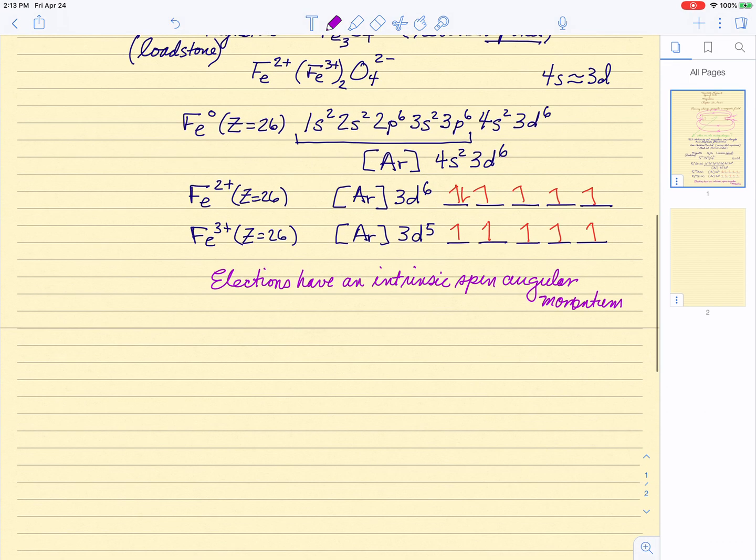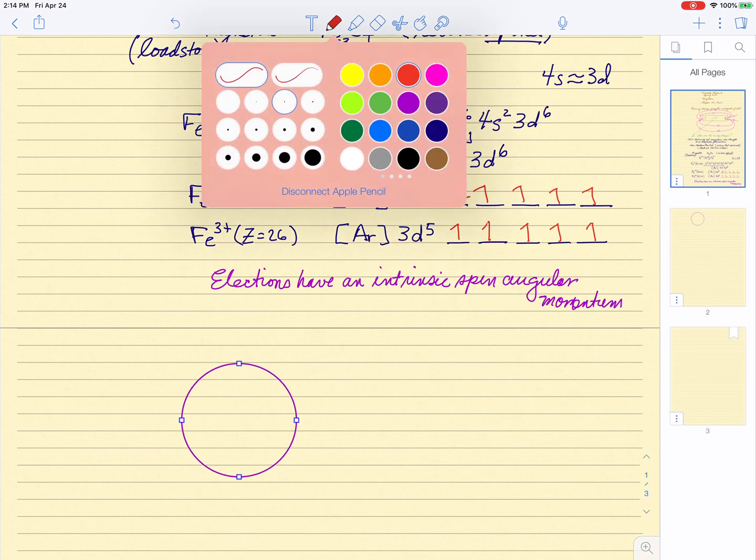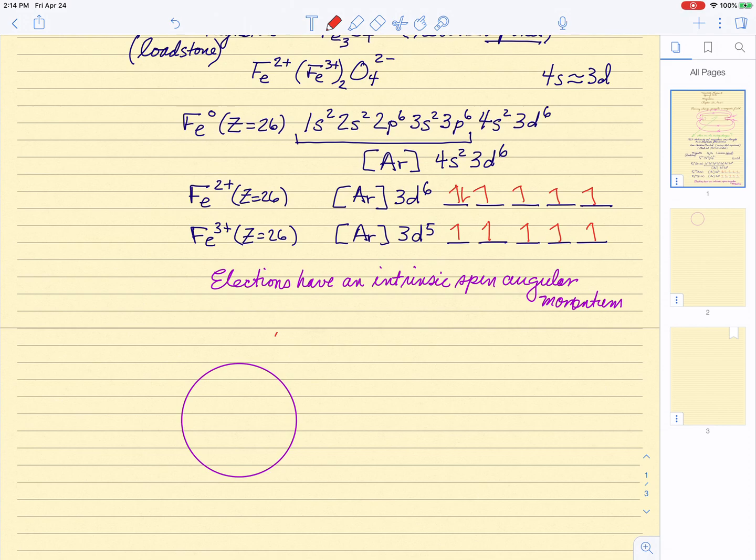And so early on when this was first discovered, and we don't have enough time remaining in the semester to go through the beautiful story of electron spin, the early people who looked at this actually thought that the electron was able to spin about its axis. Okay, so we actually had a spinning electron.